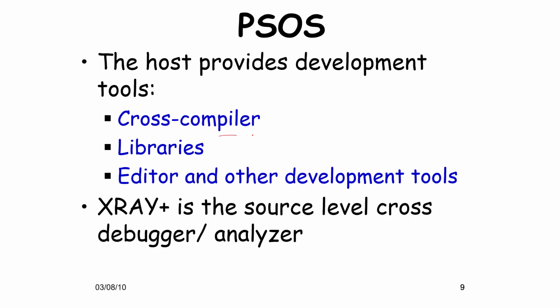Along with a cross compiler, we need a cross debugger, where on the host itself we are simulating the target and debugging the application on the target. Everything happens on the host. Once we are sure that the application will execute correctly, it is transferred to the target.